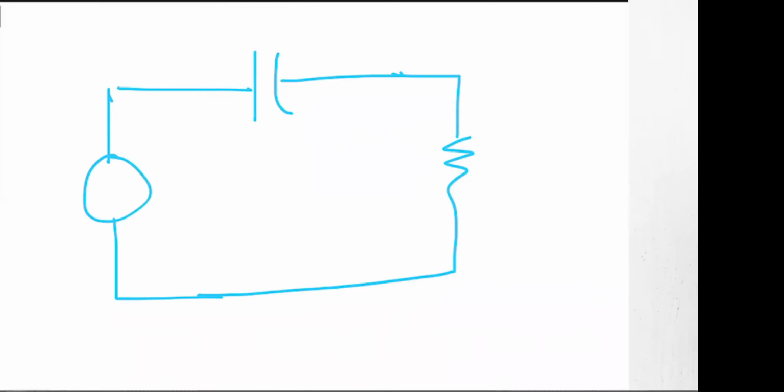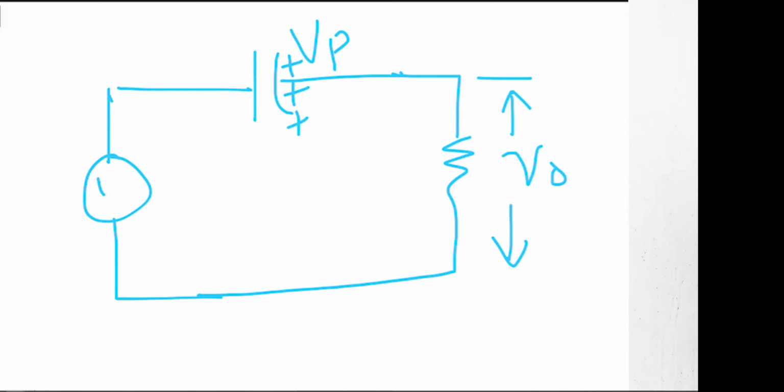We have V naught across the resistor. We have Vp, which is the charge accumulated across the capacitor, and we have the input Vi.